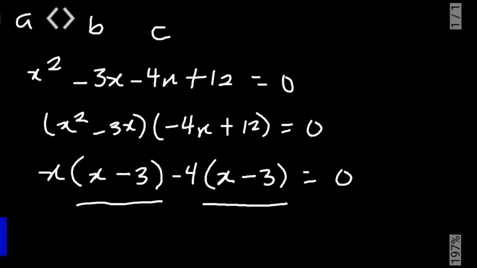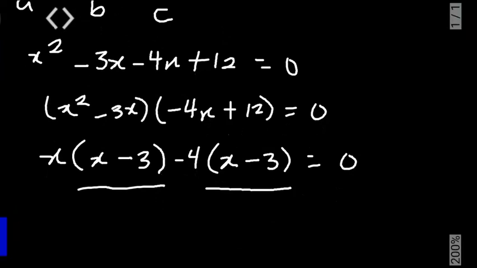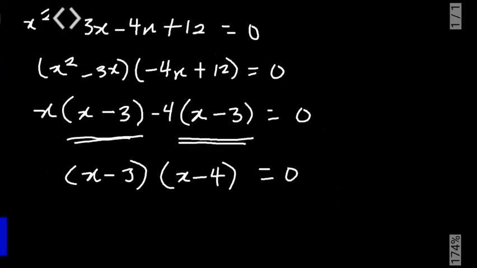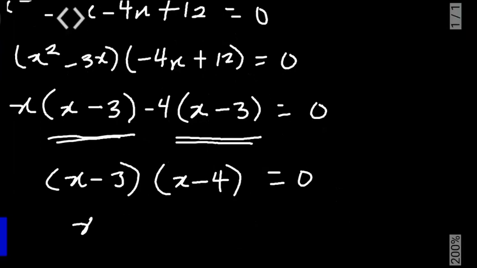So the next thing we do is we pick one of these. So we have x minus 3 and we pick our factors x minus 4, which is equal to 0. If we equate this to 0, x minus 3 equals 0, or x minus 4 equals 0.